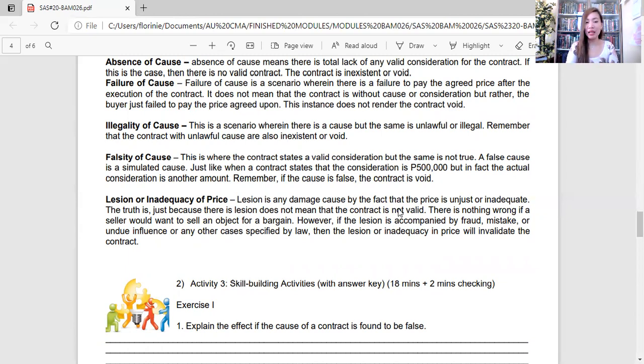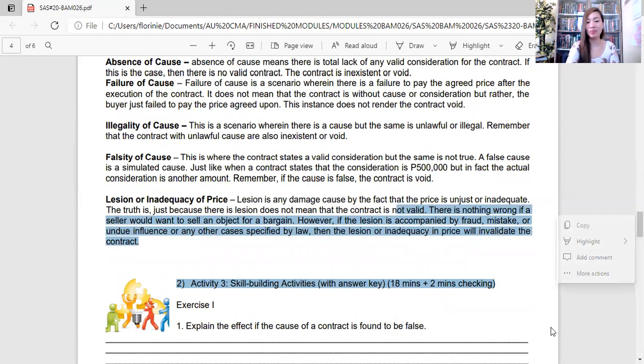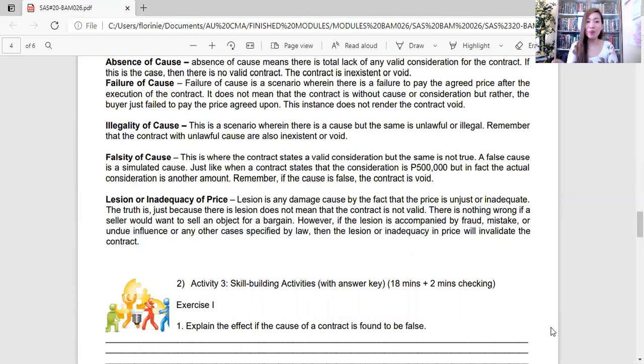Pero pag-usapan muna natin yung lisyon. Lisyon is any damage caused by the fact that the price is unjust or inadequate. The truth is, just because there is lisyon does not mean that the contract is not valid. Ano sabi rito? Hindi porket may lisyon o inadequate yung presyo, ibig sabihin na agad-agad hindi na valid yung contract.